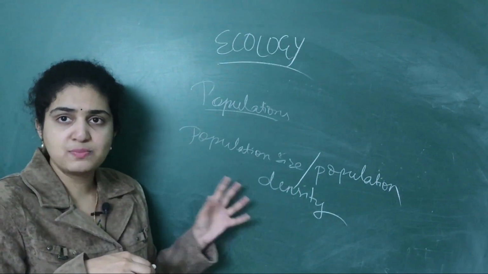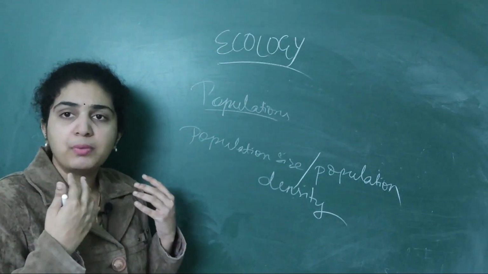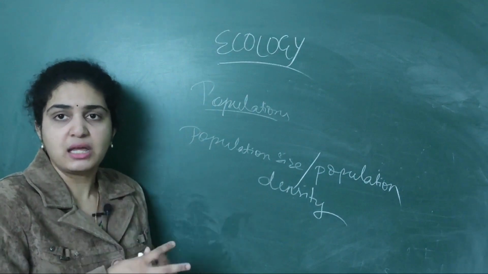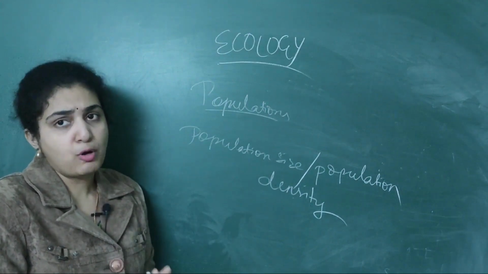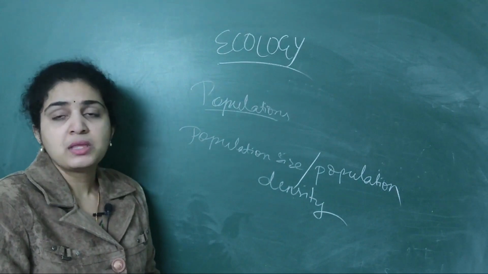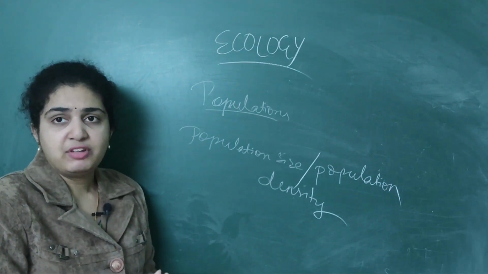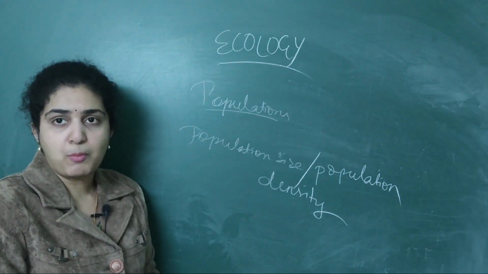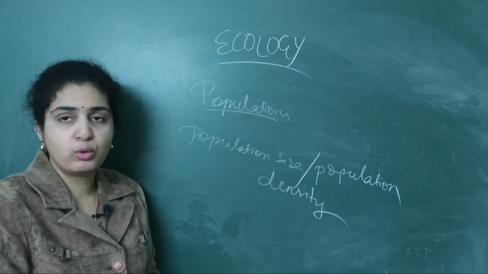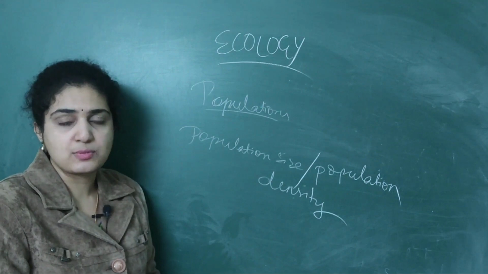Population size means how many individuals are present in a specific area. You can say it as population density also. So population size or population density. Then, I'll give you a good example which is given in your NEET textbook.